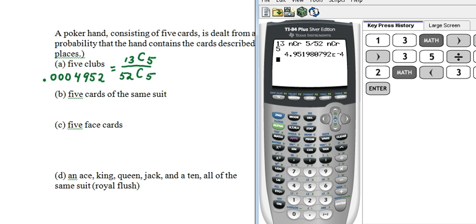So e to the negative 4 means that you multiply by 10 to the negative fourths. Move the decimal place 4 places to the left, so there are 3 zeros.